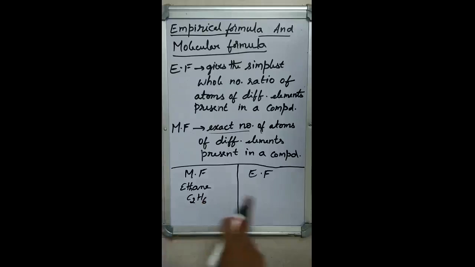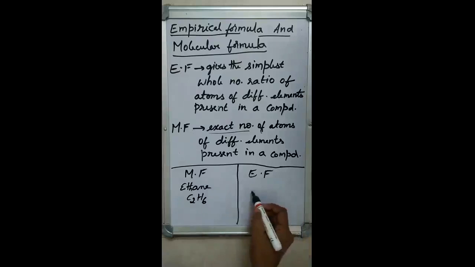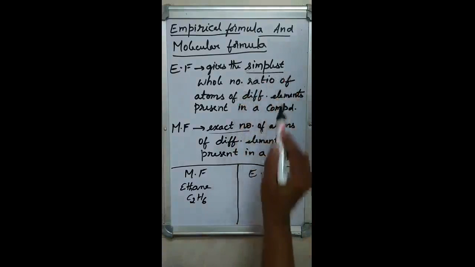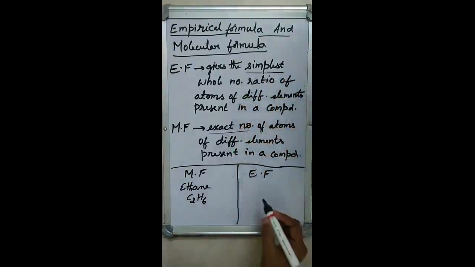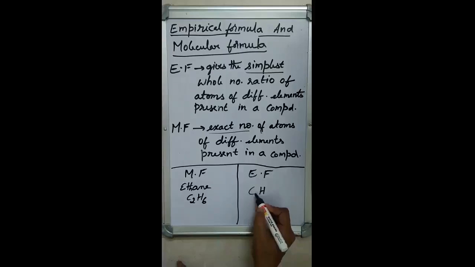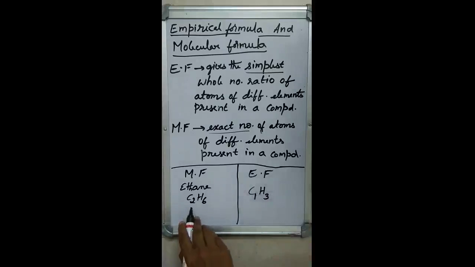Now, what is the empirical formula? How to write the empirical formula for ethane? The definition says it is the simplest whole number ratio. That means C and H. What is the ratio of C and H in this? I will write C2, H6.